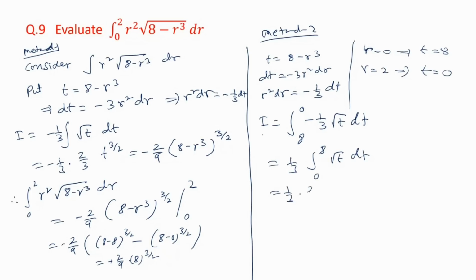So 1 over 3 times 2 over 3 t to the power 3 over 2, limit is 0 to 8, so it is 4 over 3, sorry, this is equal to 2 over 9, 8 to the power 3 over 2, and the other part is 0.